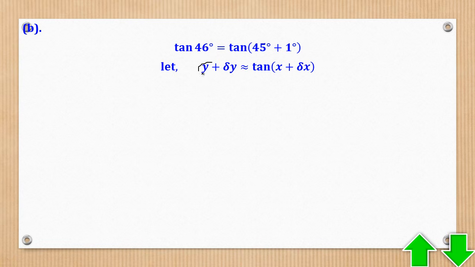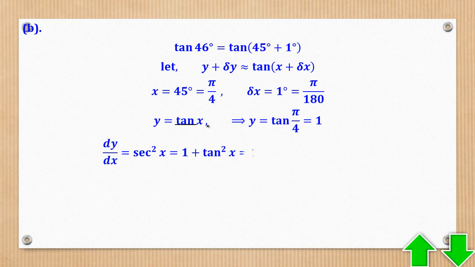Therefore, write x plus small change in x, y plus small change in y is equal to x plus small change in x. So by comparison, it means that this is equal to this, and also x is 45, and small change in x is 1 degree. So you have to convert them to radians.